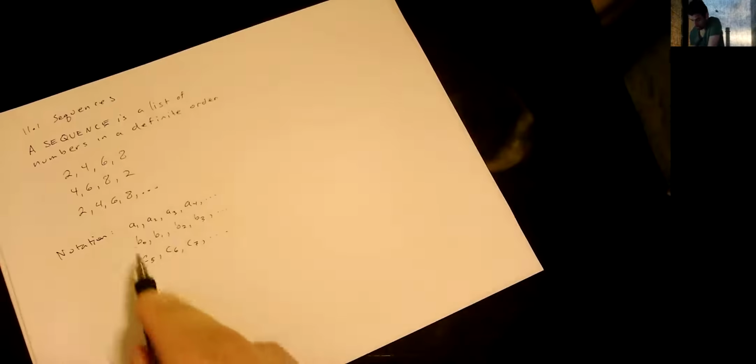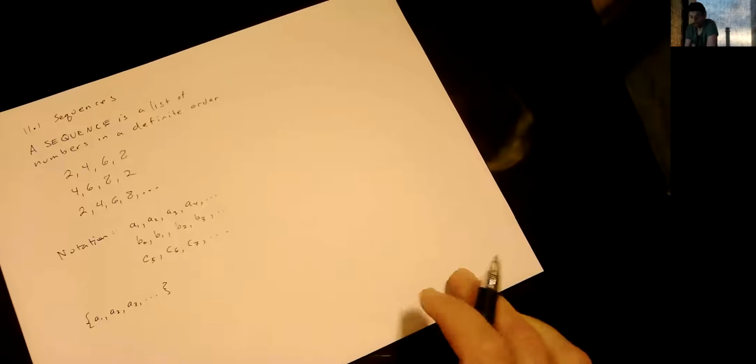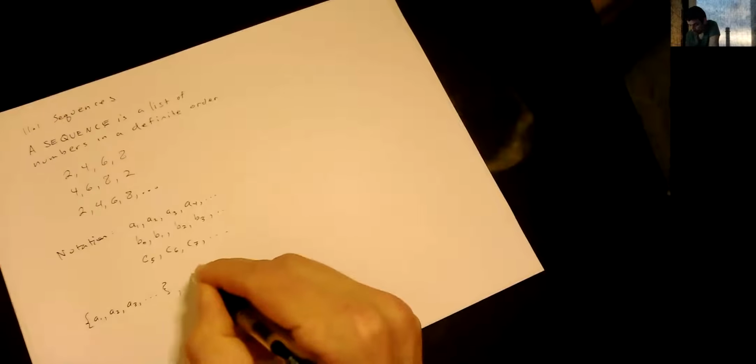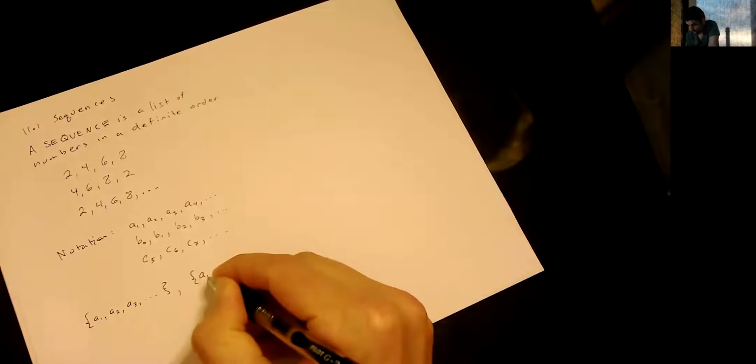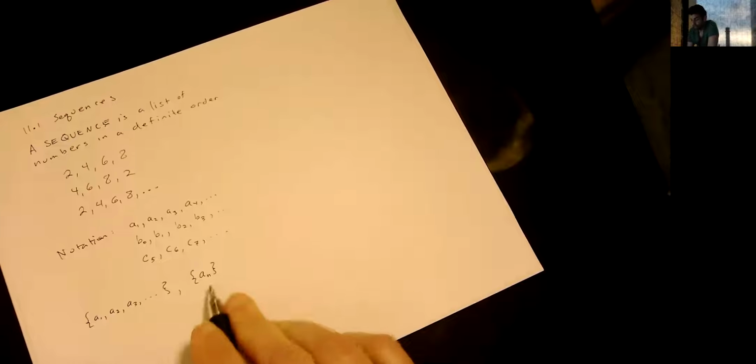So sometimes, instead of writing this all out, we might write these things with brackets. We especially do this if we're writing about a sequence within a sentence or within some other mathematical idea and want to separate the sequence out. We might just write this as A sub n to represent a very, very general sequence.